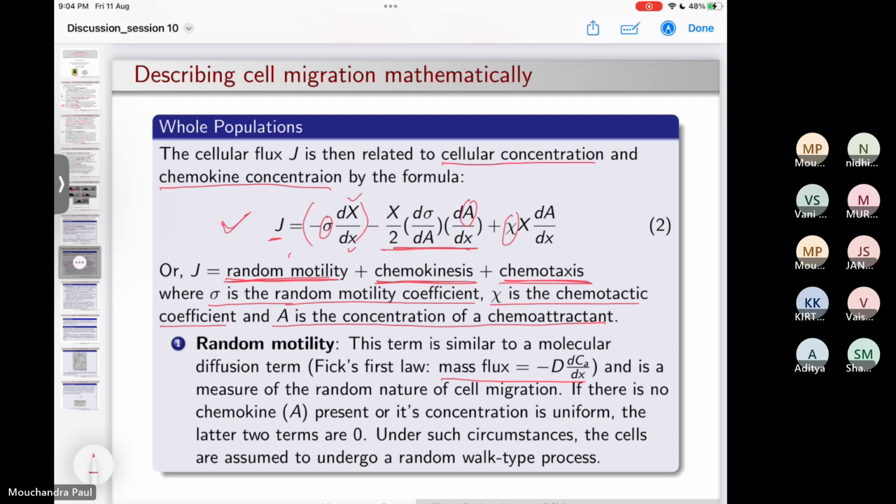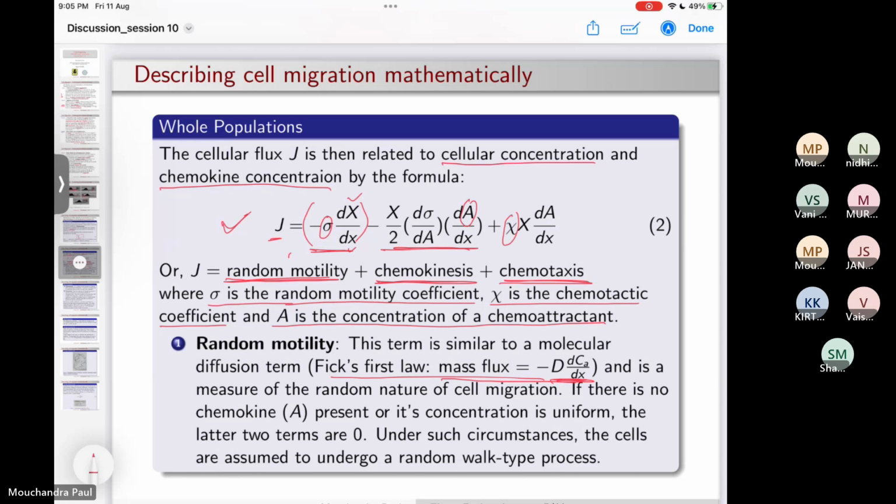This statement is described using this equation, where D is the diffusion coefficient and dCA by dx is the concentration gradient. CA is the concentration of the solute, and as I said, solute molecules always move from high concentration to low concentration. The random motility equation is similar.